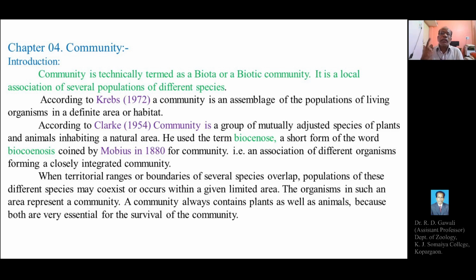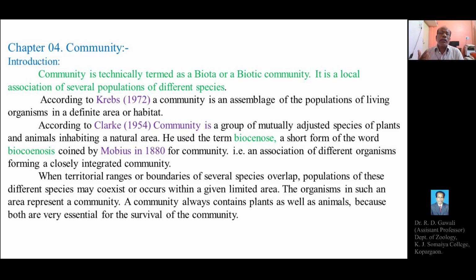Community is an assemblage of several populations of living organisms in a particular, definite area or habitat.